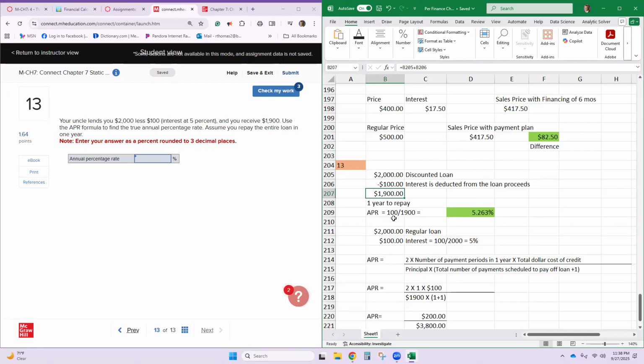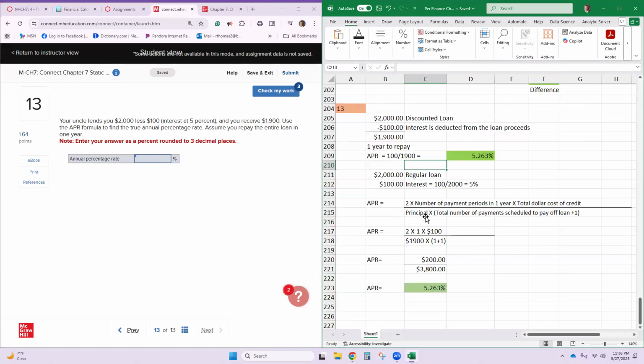The annual percentage rate is 100 divided by 1,900. I went ahead and did the math there, but we're going to work through this calculation. So 2 times 1 pay period times 100.